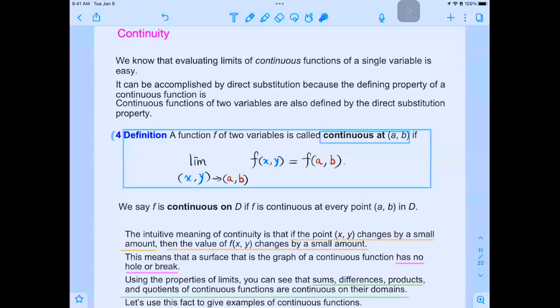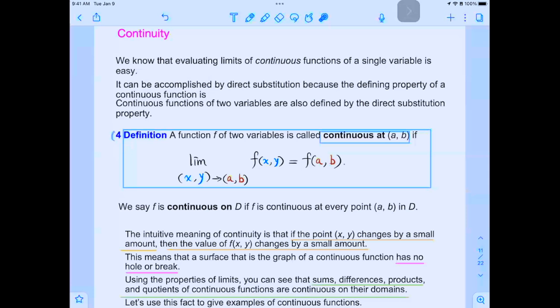The definition is that a function f is continuous at a if the limit of f of x as x approaches a is equal to f of a, which means you can do a direct substitution.